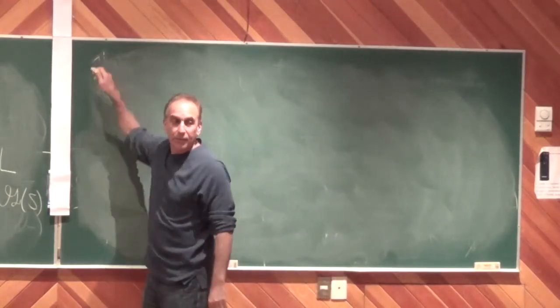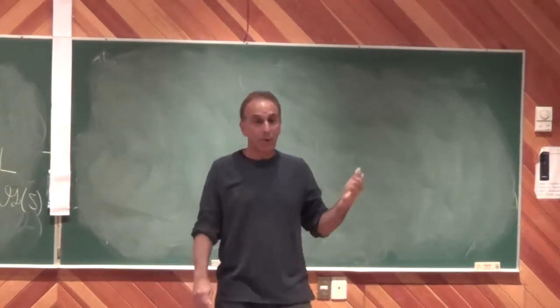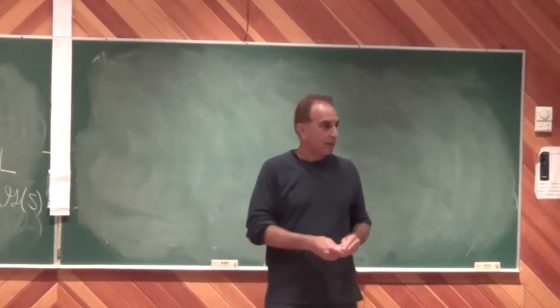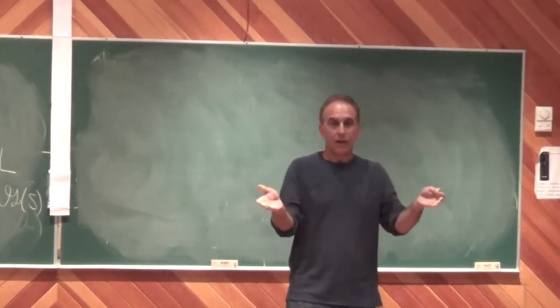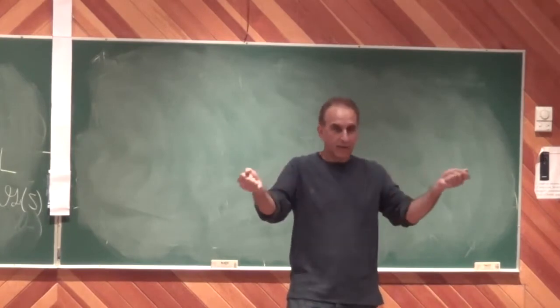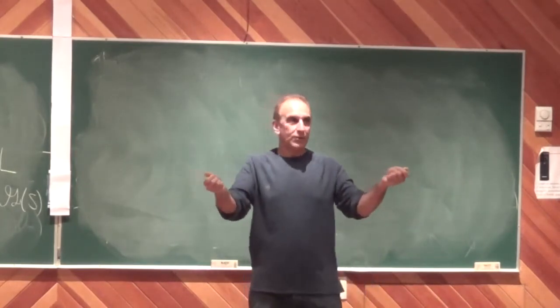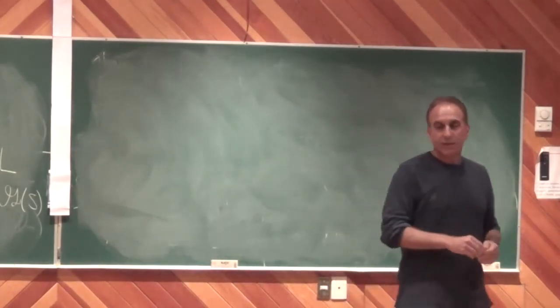Let me write down a little lemma before I show you why. But by the way, as examples of DCL laminations on a finite type surface, just take any disjoint union of simple closed geodesics. That's a DCL lamination.